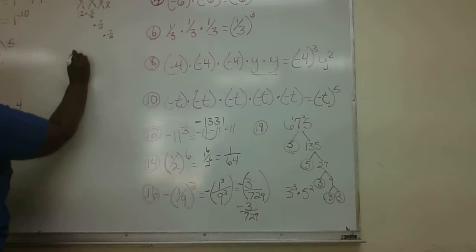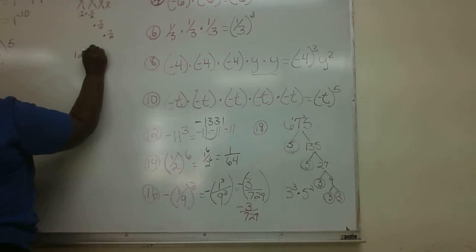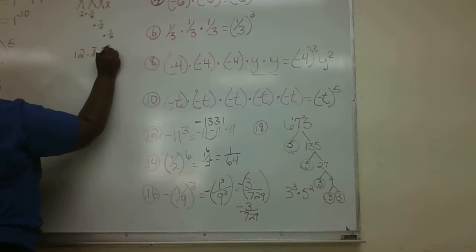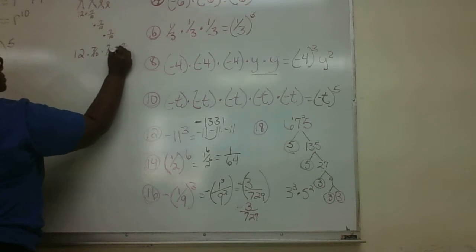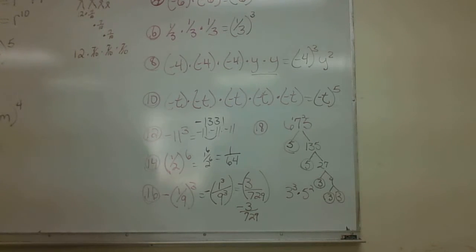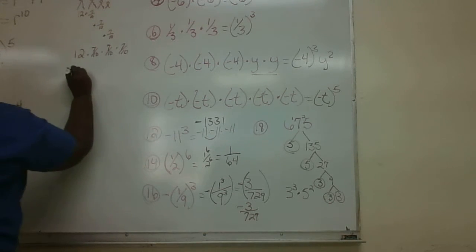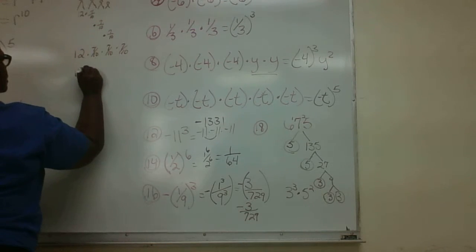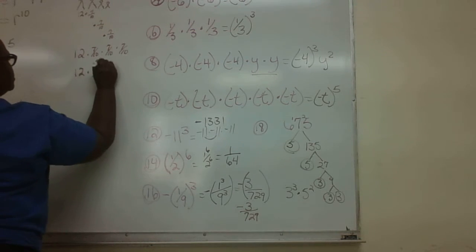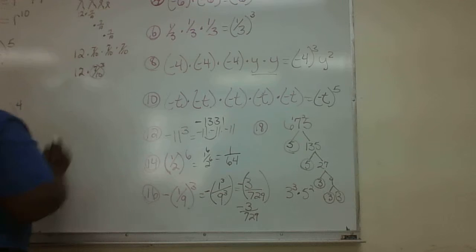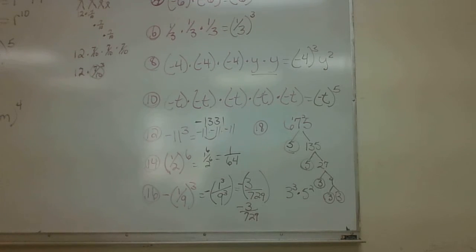And so it looks like this. 12 times 7/10 times 7/10 times 7/10. Okay? All right? And so since it looks like that, then what ends up happening is you actually have 12 times 7/10 to the third power. Okay? That's what you have. And so with that in mind, you would need to get the third power of 7.